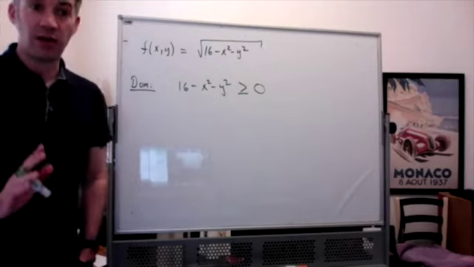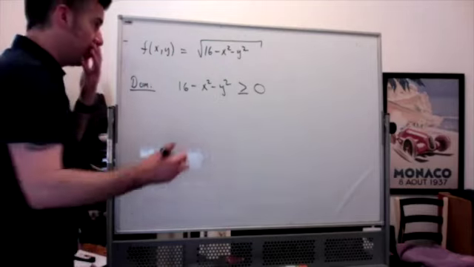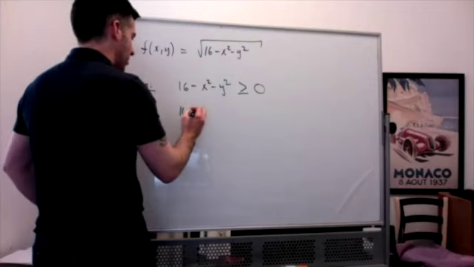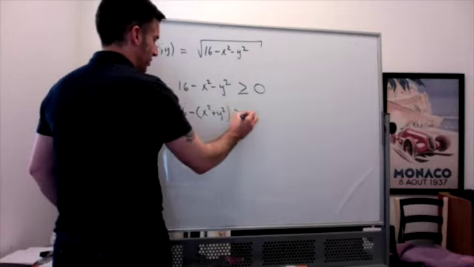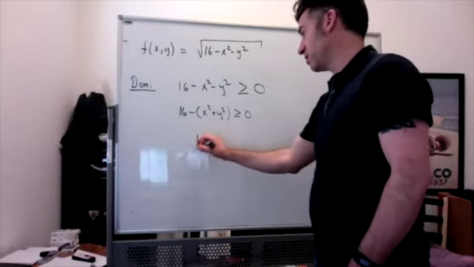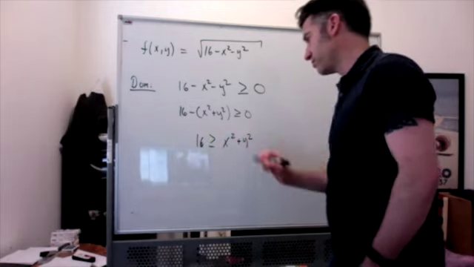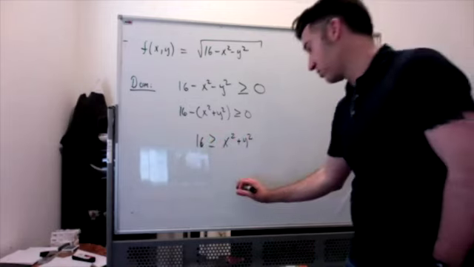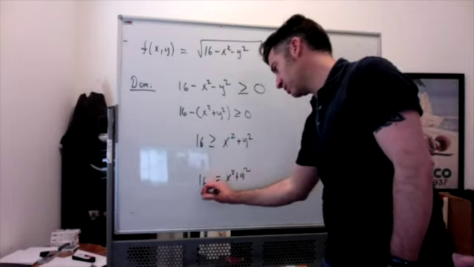I still recommend treating x squared plus y squared as kind of 1 unit. So I'm going to think of this as 16 minus (x squared plus y squared) is greater than or equal to 0. Or preferably, adding this to both sides, 16 is greater than or equal to x squared plus y squared.